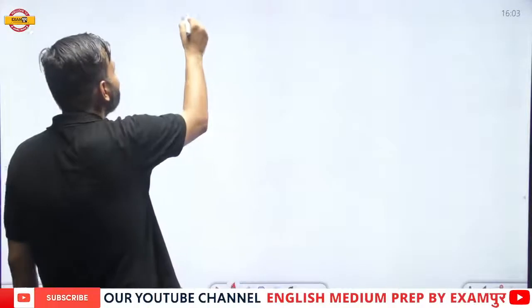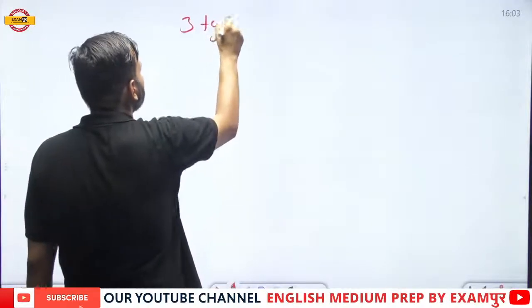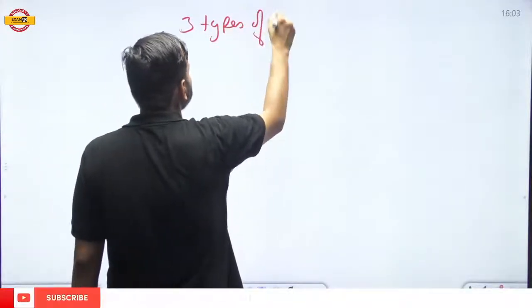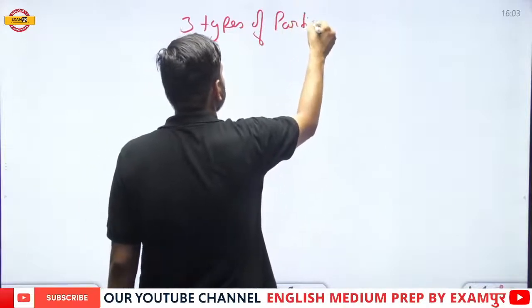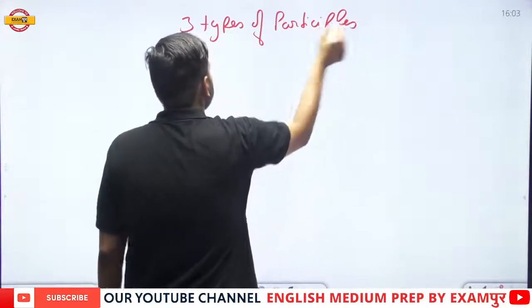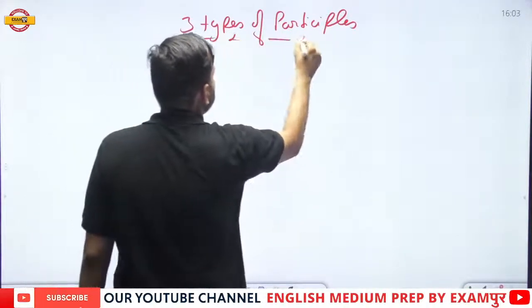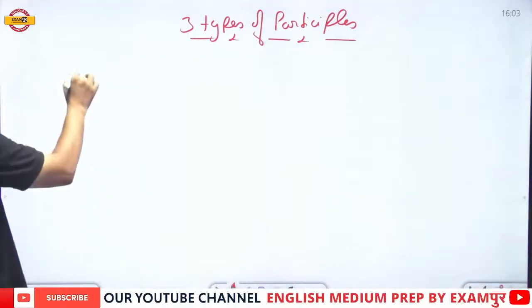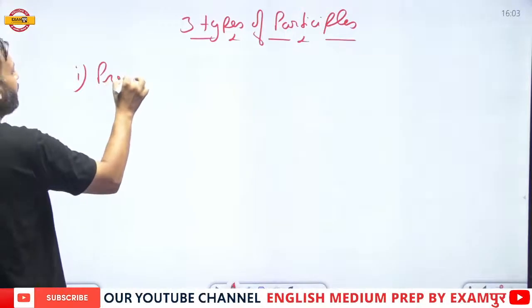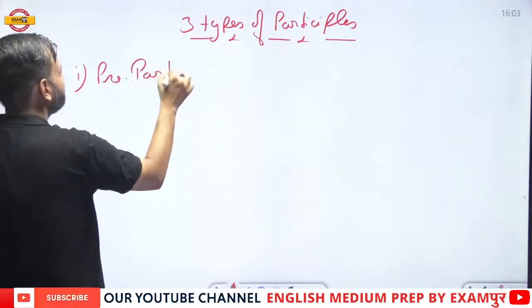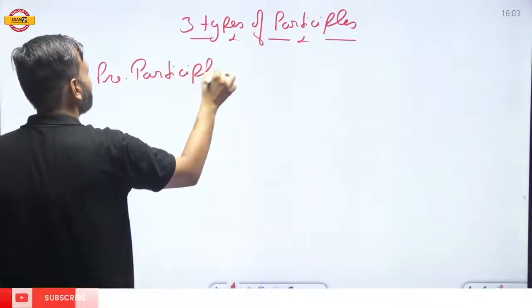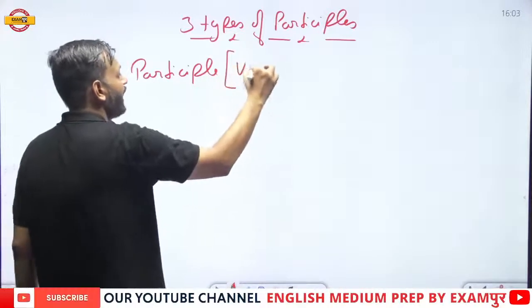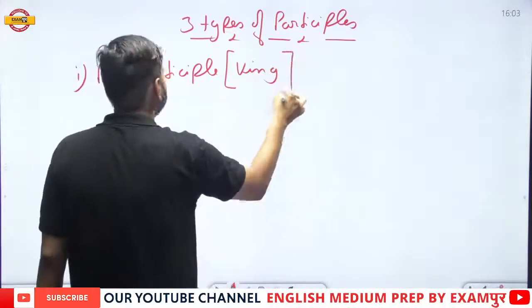As I said, participles are forms of verb. There are three types of participles. One is the present participle, that is the ing form of verb.